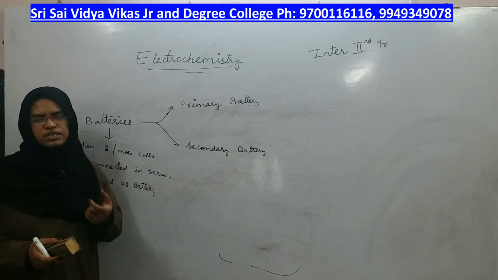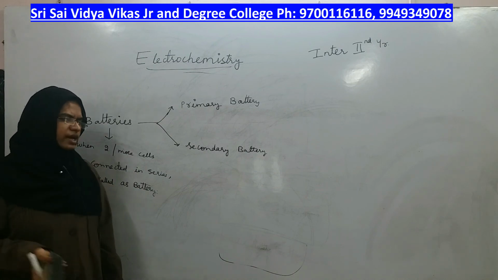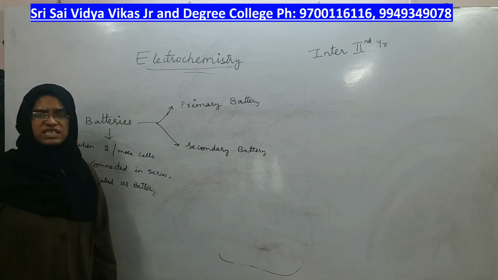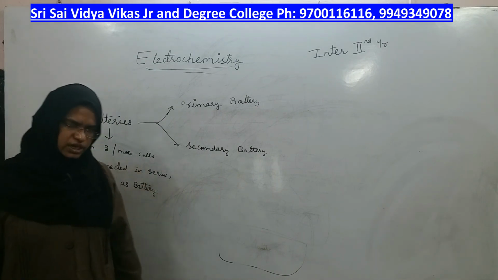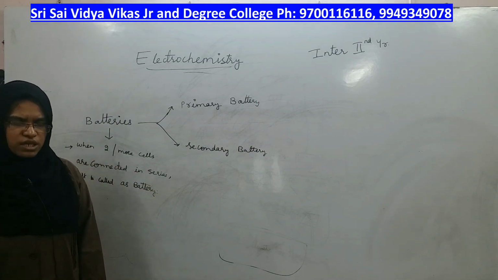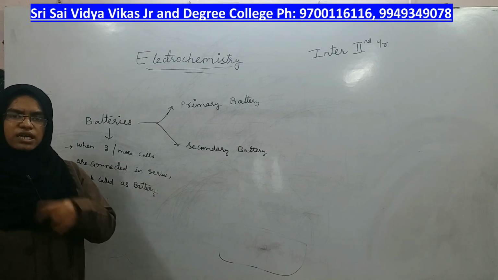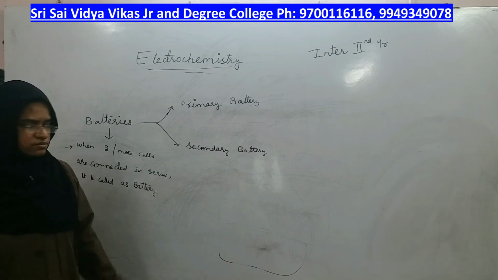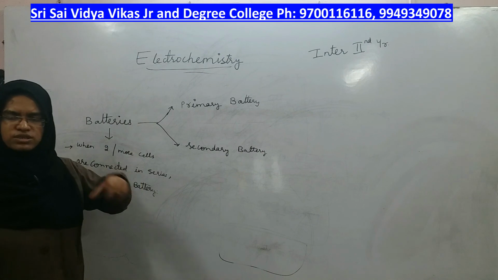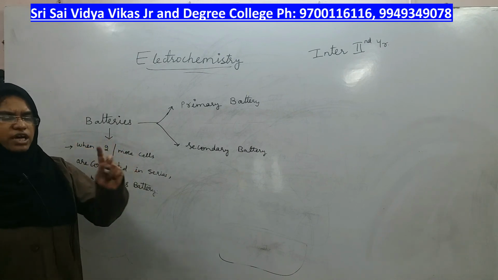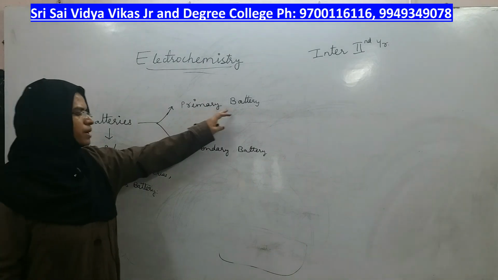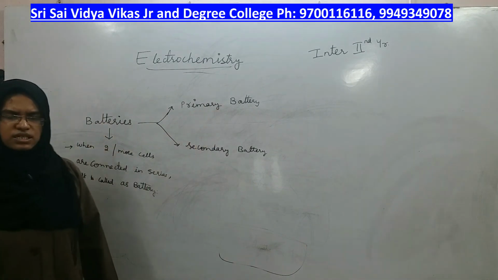These are multi-usage batteries, and there are other batteries which have to be disposed of the moment they stop working. That type of battery is also there. So, depending on their ability to be reused, which is present in some batteries and absent in others, you have two types of batteries. One is the primary battery, the other is the secondary battery.